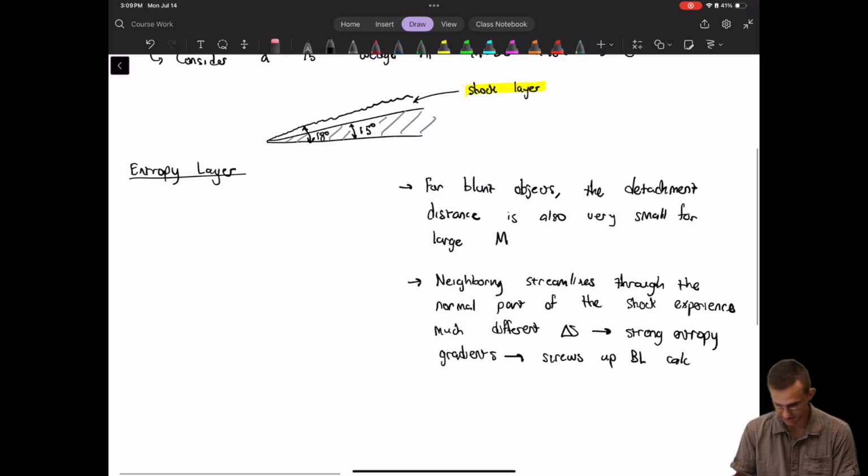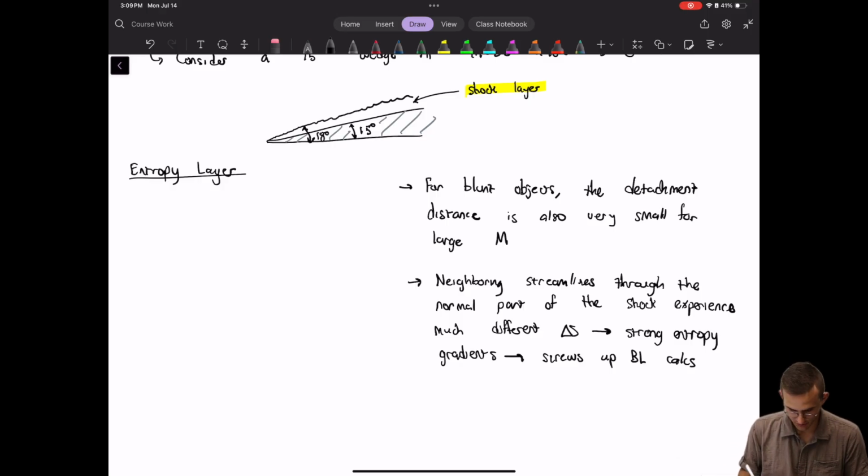Now we're getting into viscous fluid mechanics, which is a course you may not have taken by this point. But first, let me just draw what I'm describing here.